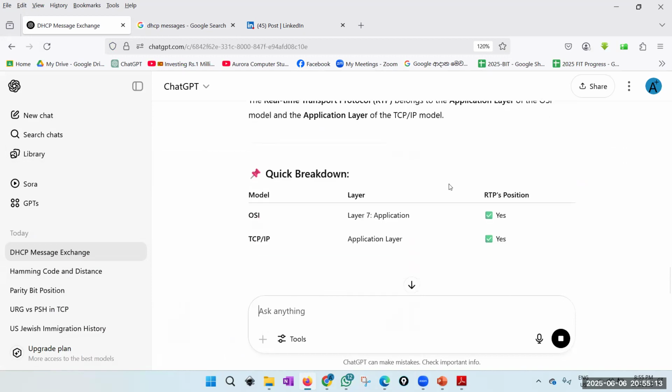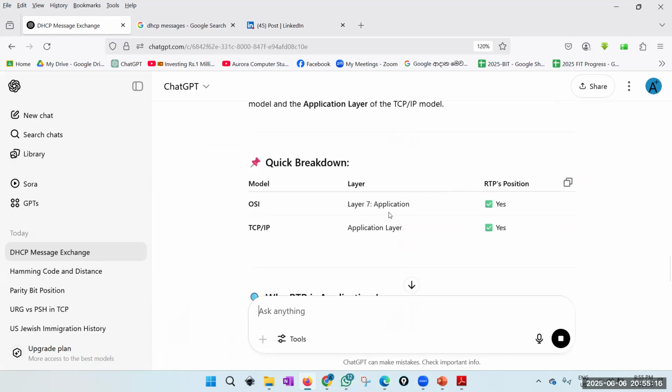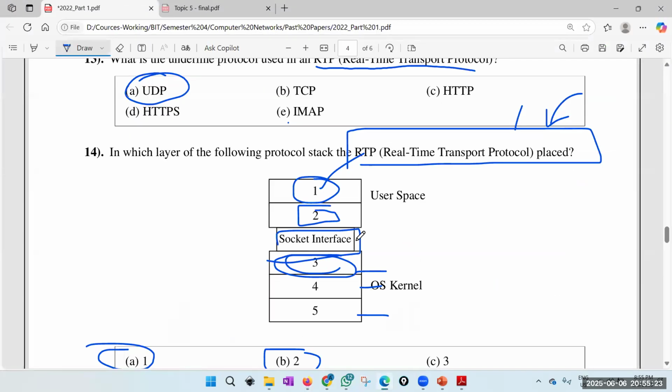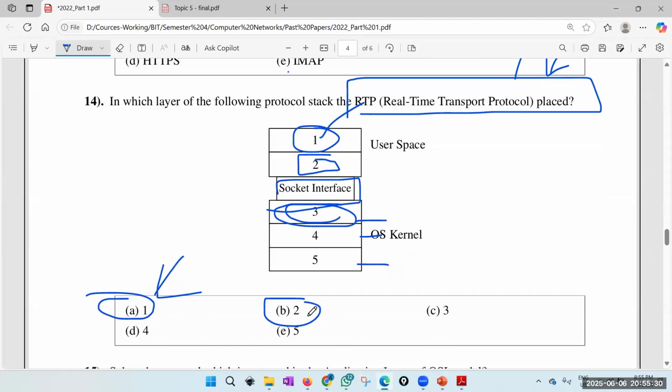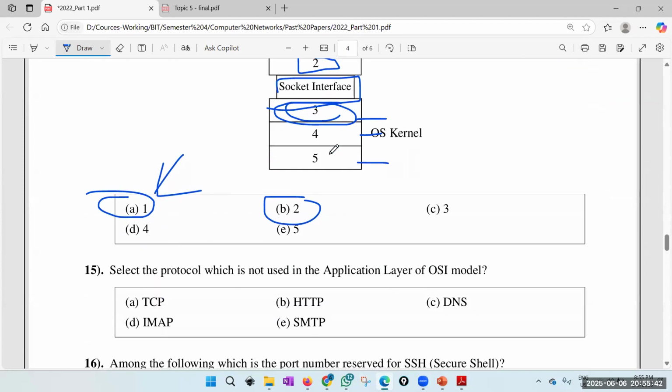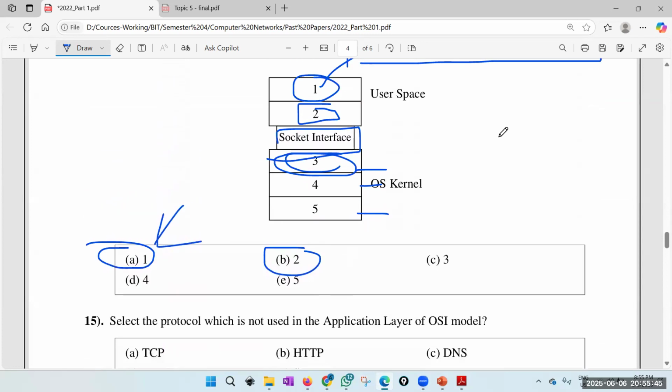Yeah, it says application layer, layer 7. If it is application layer, why is it not 1? But the examiner has taken 2. Anyway, I'm not very sure about that. Maybe ChatGPT is not correct. Just keep it open, because I felt like 1, but the examiner says B.